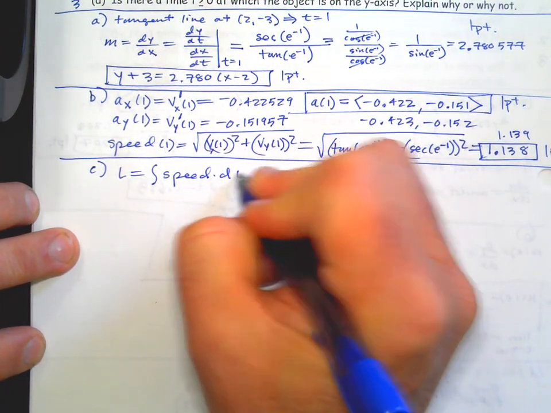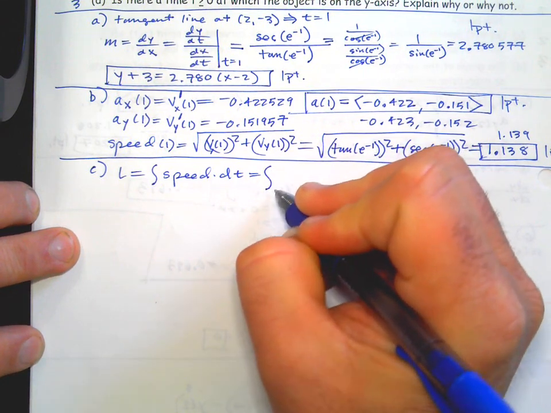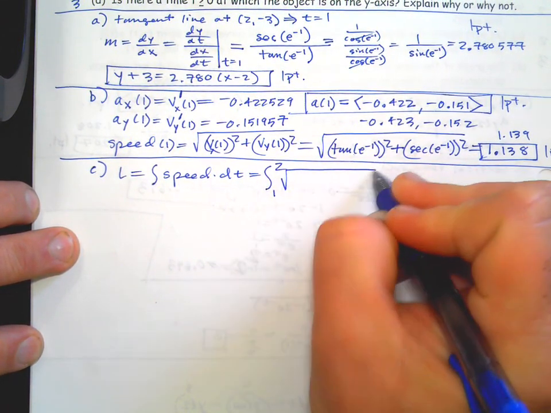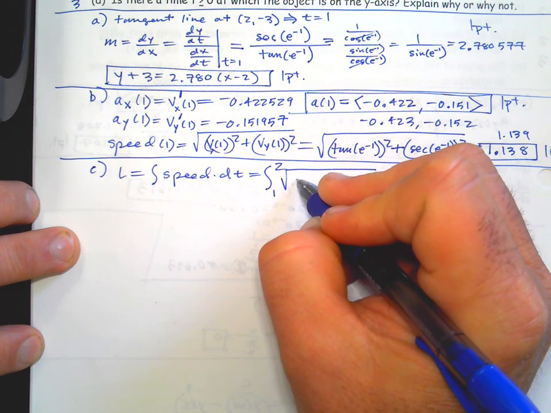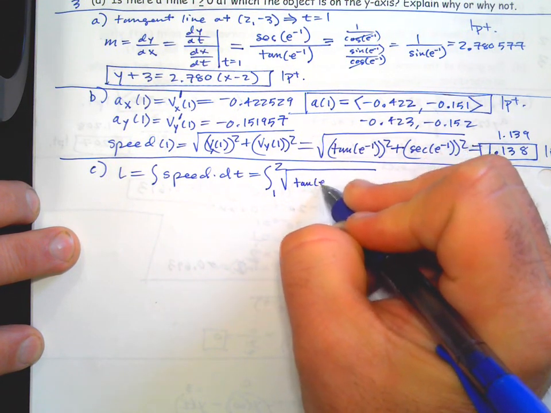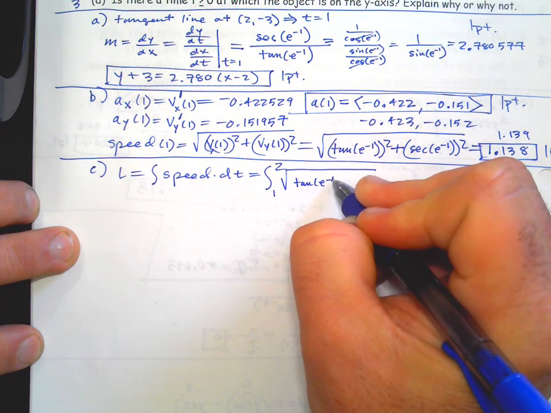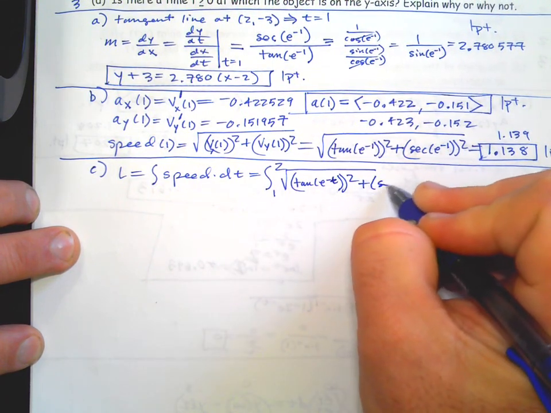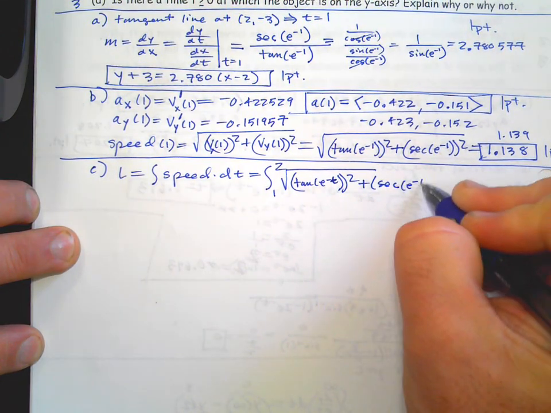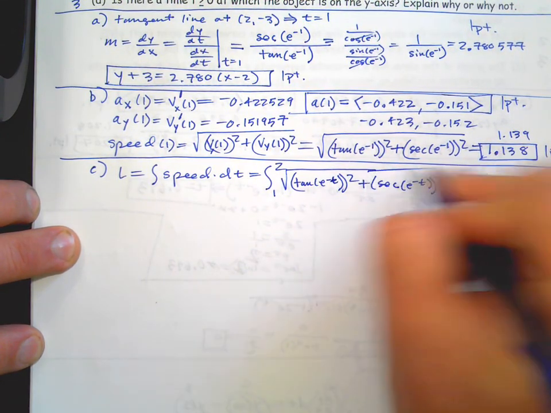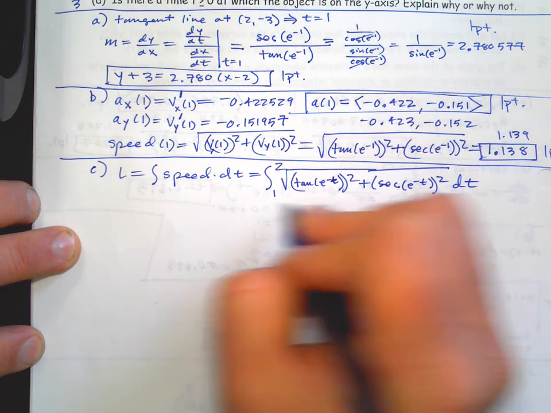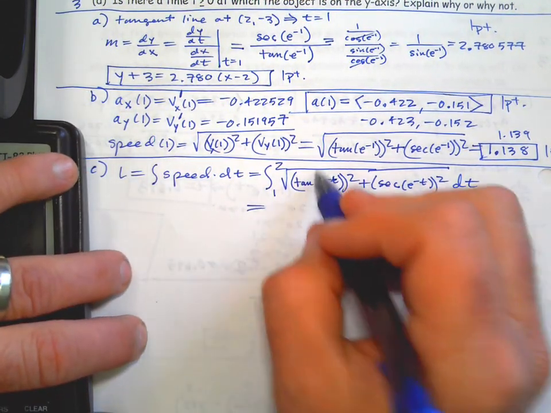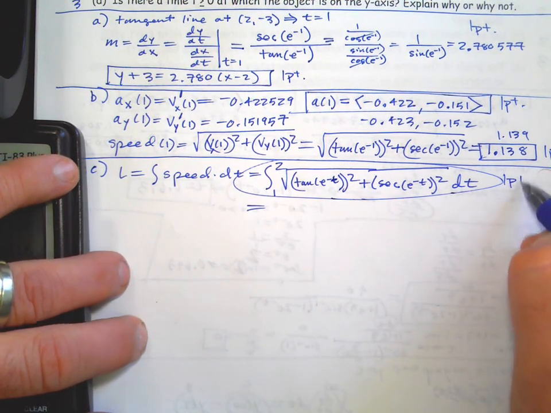Just like it was last year with 1 dimension, but speed is now, it says total distance from 1 to 2 of the square root of tangent of e to the negative t, squared, plus secant of e to the negative t, squared, dt. So show the setup. That's worth at least a point. And then we're going to get the answer on our calculator.